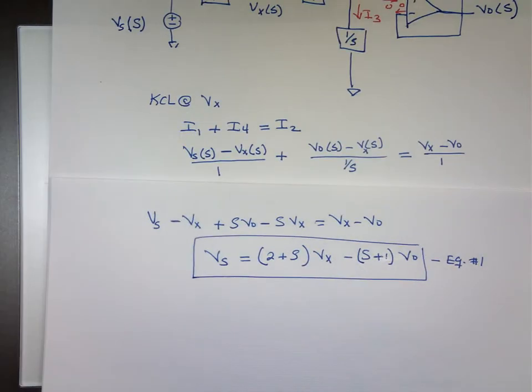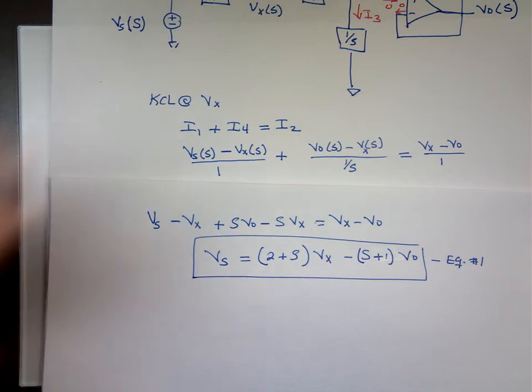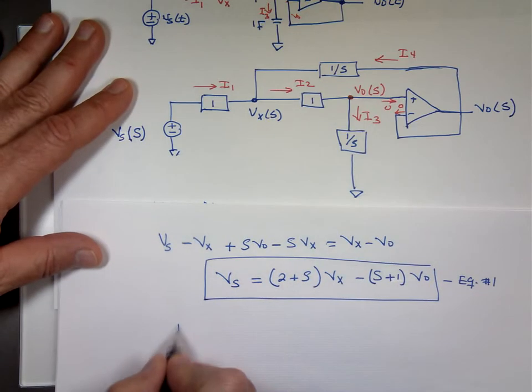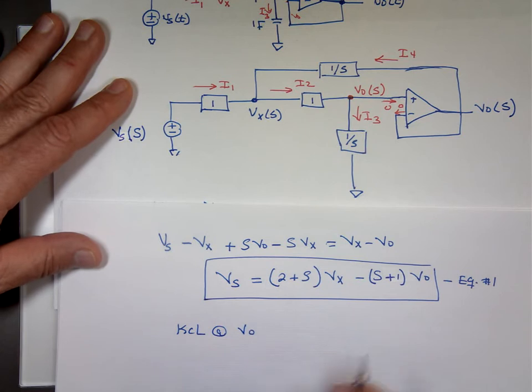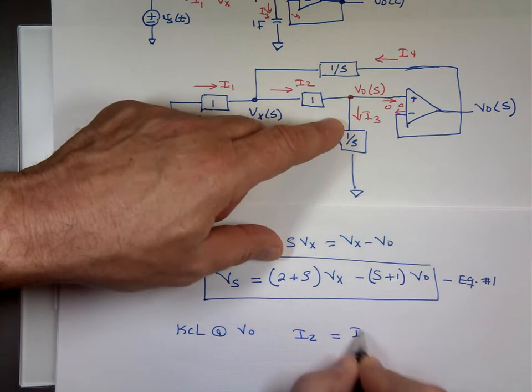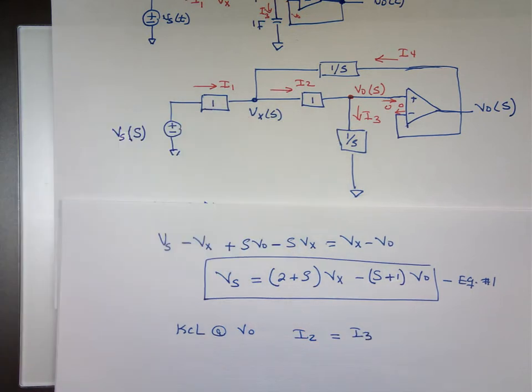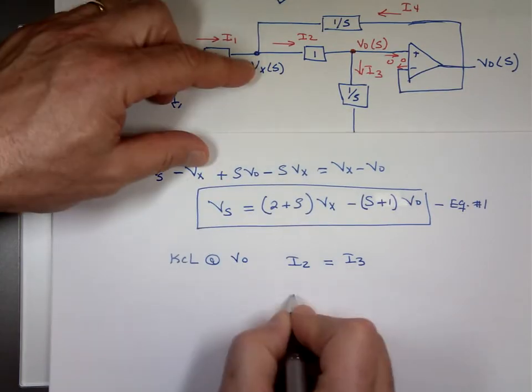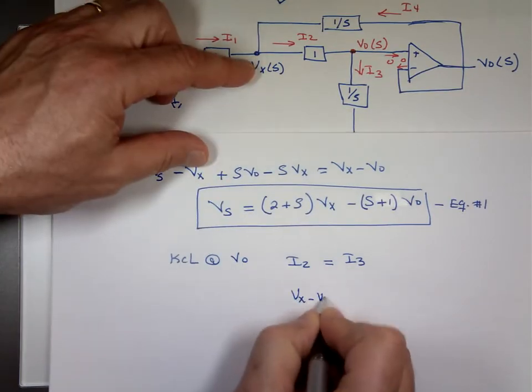I need a second equation, and that's KCL at V out. The current in, which is what? I sub 2 should equal the current leaving, I sub 3. I sub 2 is Vx minus V out over 1.